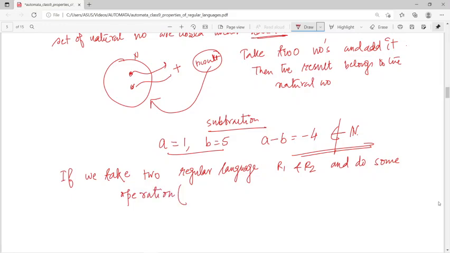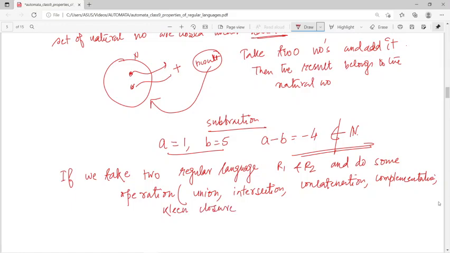What are the operations here? We can do union, intersection, concatenation, complementation, and Kleene closure, and there are lots of others.